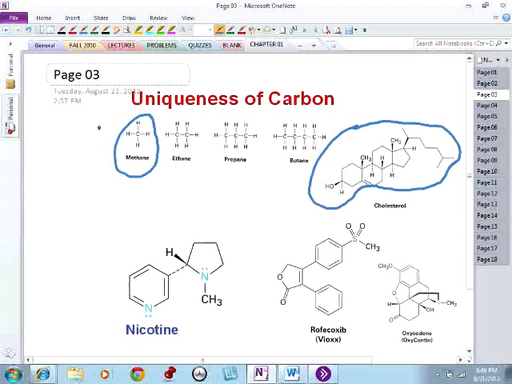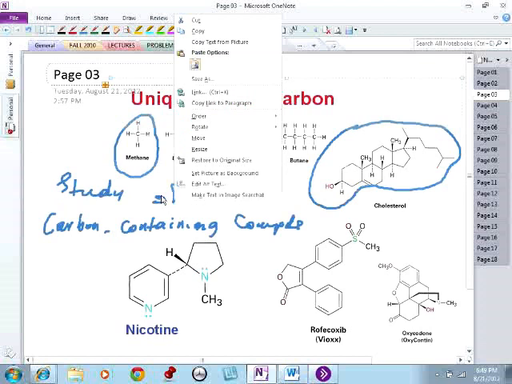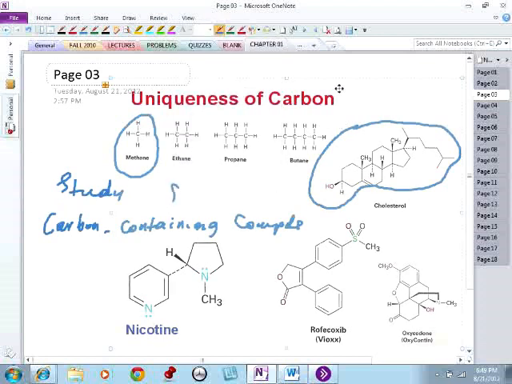So the study of carbon-containing compounds is what we call organic chemistry.